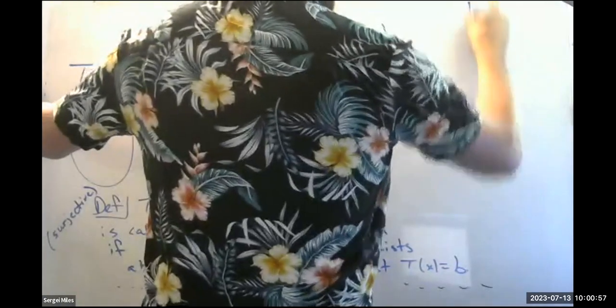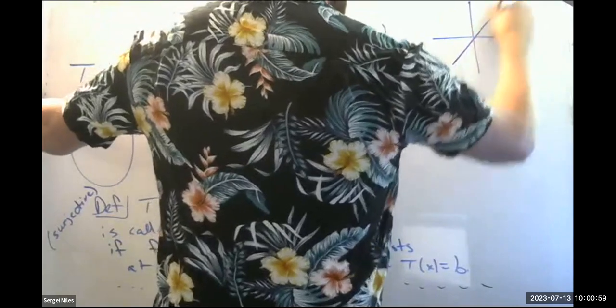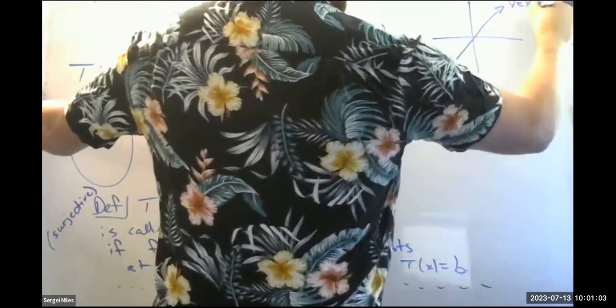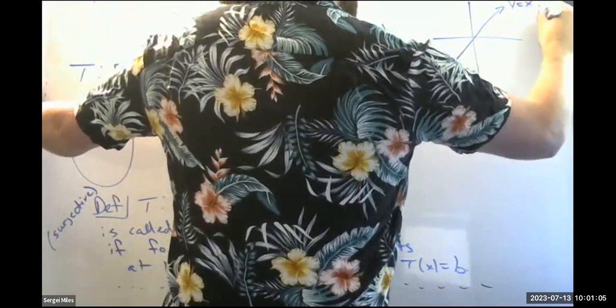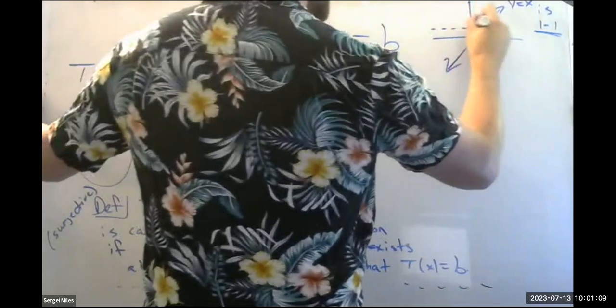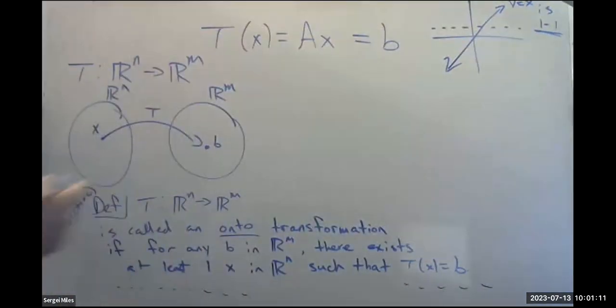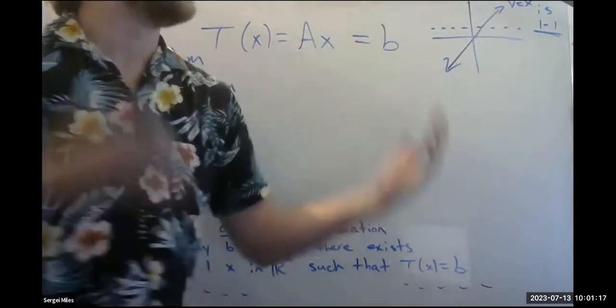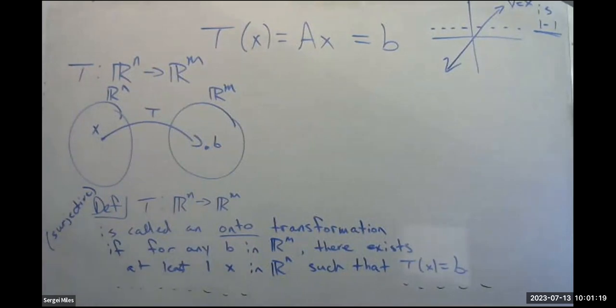Just a brief little review. A function such as the line y equals x is called one-to-one in part because it passes the horizontal line test, right? Passing the horizontal line test for functions in R2 is the same thing as one-to-one, right?